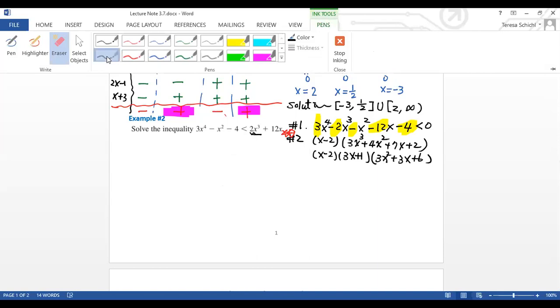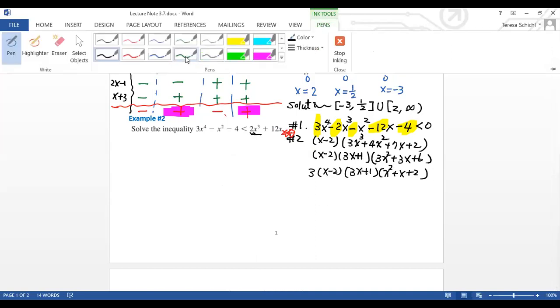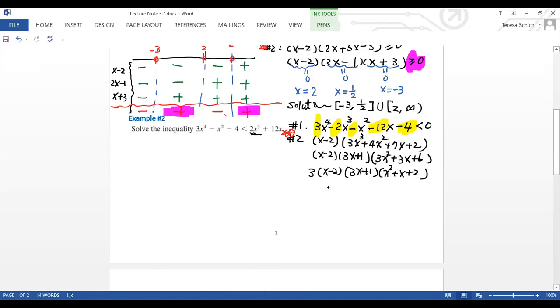You just need to try different factors and by chance, and use some tricks. So here, you can factor the 3 out. This is x minus 2, this is 3x plus 1, then this is x squared plus x plus 2. So I know this one I cannot factor anymore. All right. So now I will set this equal to 0.